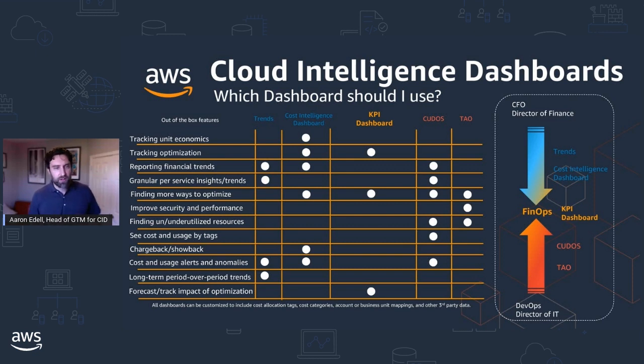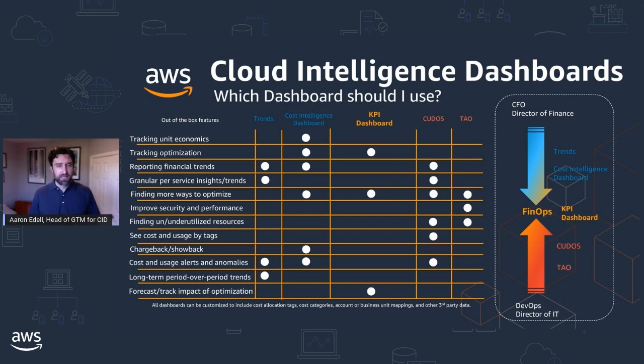But in general, I find that the trends and the cost intelligence dashboard do really well at the finance level, at the CFO level, right? The folks who want to track the unit economics, the folks who need to generate reports on the return on the investment on savings plans and RIs, right? And which accounts saw what, and keeping track of chargebacks and building chargebacks.